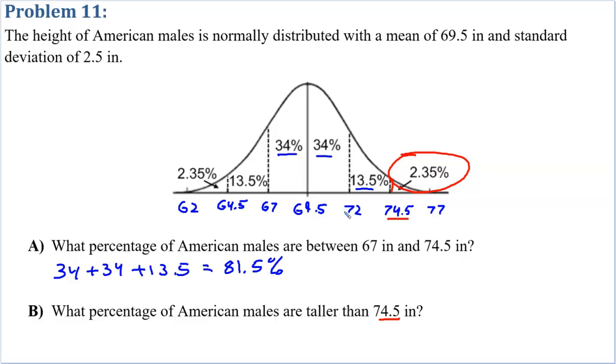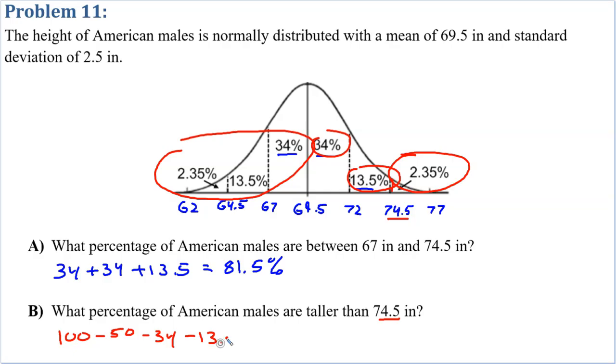What that's going to be equal to is we could take 100% and subtract away the 50 to take care of all this, minus the 34, minus the 13.5, and that's going to give us what remains above the 74.5. Which leaves us with 2.5% of males above that 74.5. In other words, above 2 standard deviations above the mean.